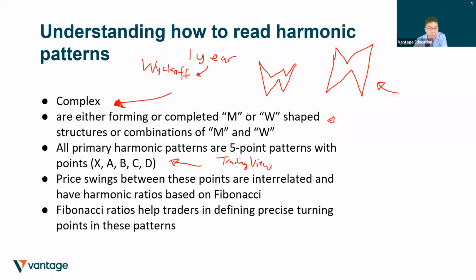Later I'll show it. The price swings between these points are interrelated and have harmonic ratios based on Fibonacci. Fibonacci ratios help traders define precise turning points in these patterns.